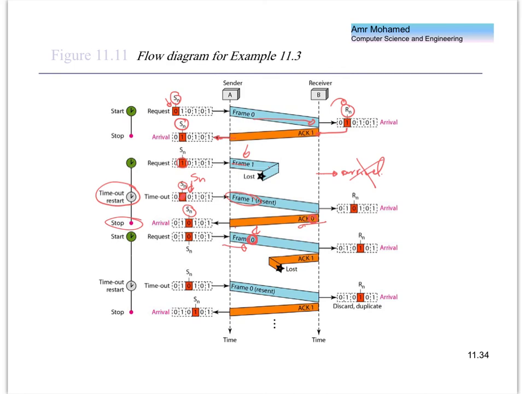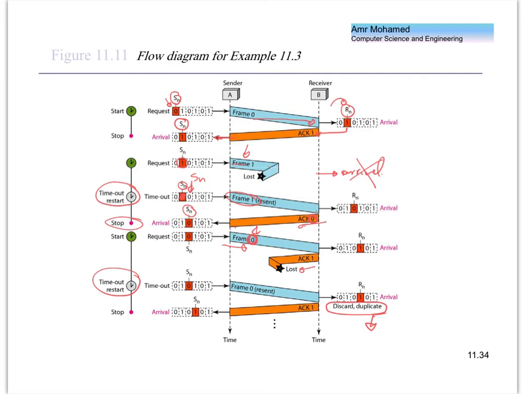So this is the one to be expected, not the one before, because the one before has already been received successfully. Now the other possibility is that when you send an acknowledgement and the acknowledgement is lost, so again the timeout will happen, and here the only difference is that I will have the duplicate frame.